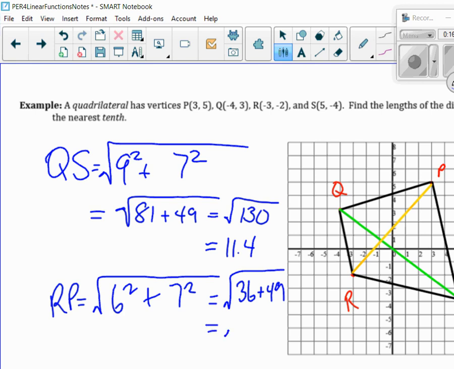So that is the square root of 85. So that is 9.2? 9.3. Okay. And that would be units, I guess. Okay, any questions on that?